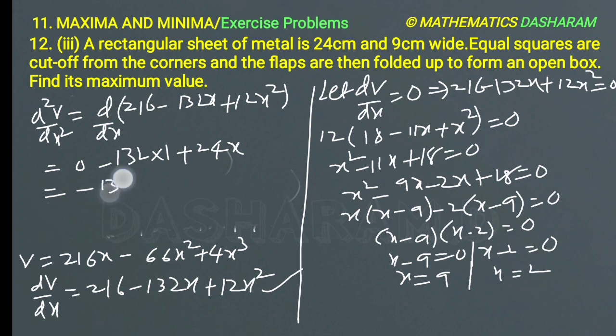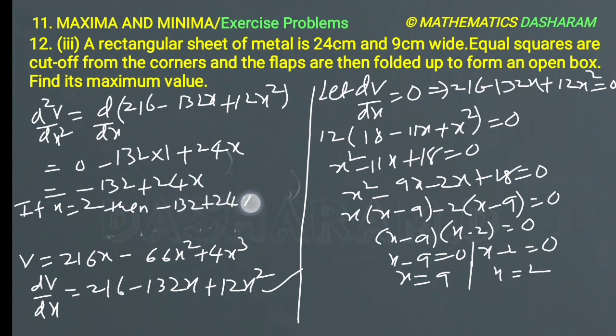So minus 132 plus 24x. Here x equals 2. Substitute x equals 2: minus 132 plus 24 into 2. So it is minus 84, which is less than 0.